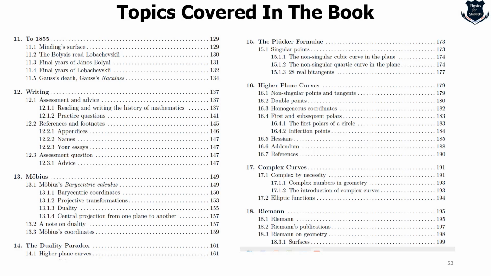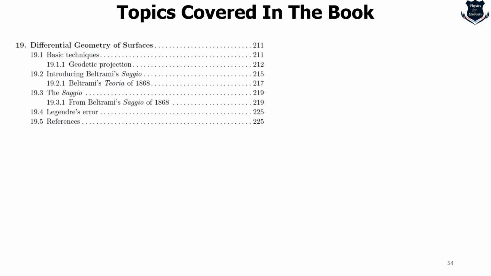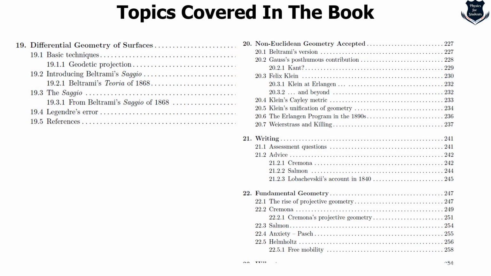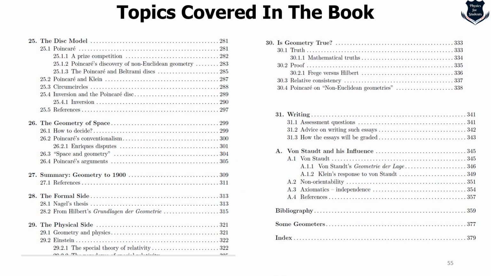It covers Möbius, the duality paradox, higher plane curves, complex curves, Riemann's publications, and a lot. Differential geometry of surfaces and other things are covered. Non-Euclidean geometry accepted, then the writing. The fundamental geometry, that is projective geometry, is also covered.